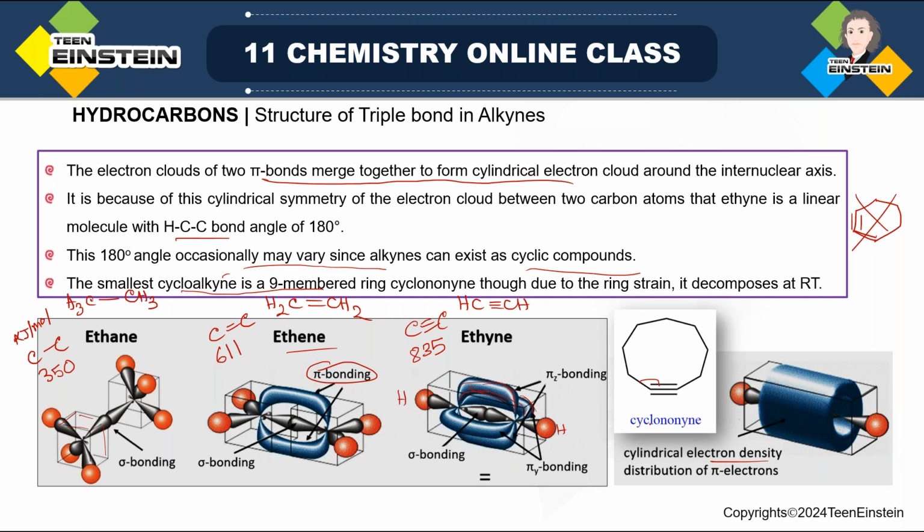That means it is still under some strain. And because of this ring strain, ultimately it decomposes at room temperature. So if you want to maintain its stability, you have to keep the temperature lower than room temperature. Because even at room temperature, 25 degrees, the ring can be broken because of this inside strain, since even in a 9-membered ring, the 180 degree angle is not achieved.